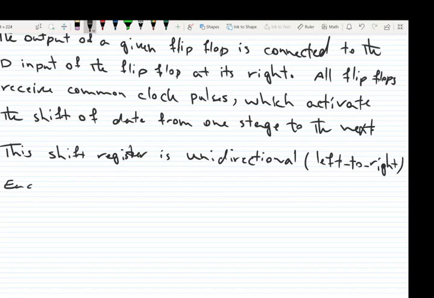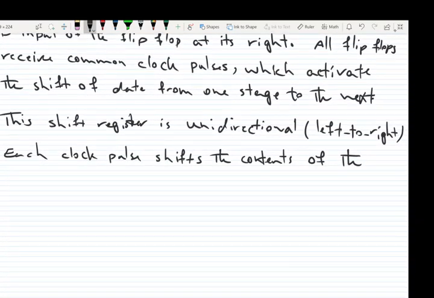Each clock pulse shifts the contents of the register one bit position to the right.